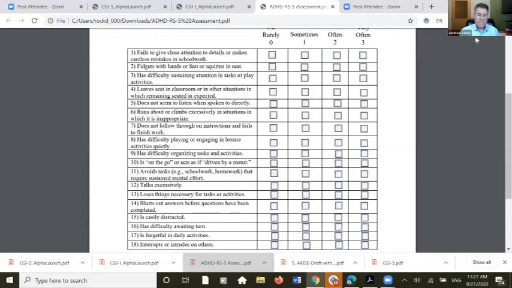Next one is item 16, difficulty awaiting their turn. And this is also impatience in general. And this can be impatient waiting your turn in a game, a board game, for instance, or waiting in line if you have to line up, for instance, at school for the water fountain or the playground or to go outside or anything like that. Difficulty waiting their turn in a sports game.